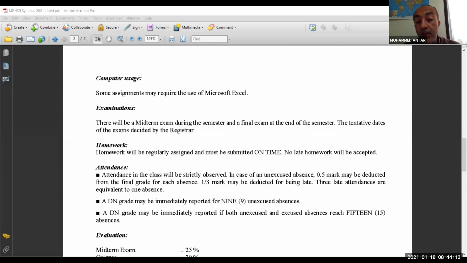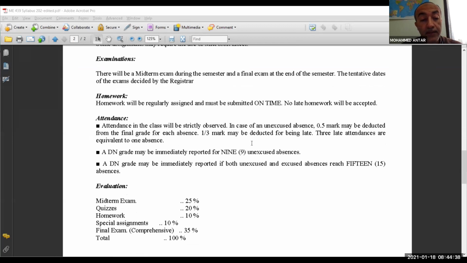They must be submitted on time, so no late homework is going to be accepted. There's also a standard policy related to attendance given here. I wouldn't say it's a threat, but there are regulations that if excessive absences are unexcused, they will eventually lead to a DN grade.